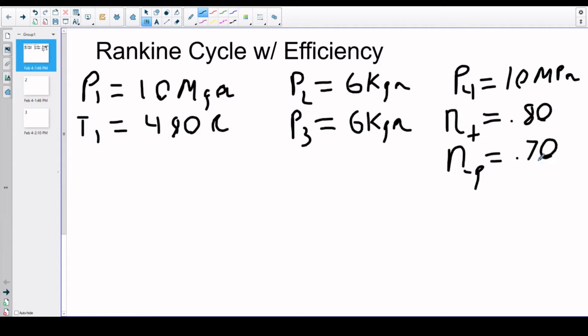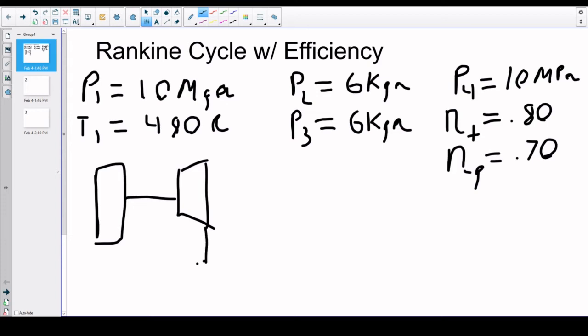If at any point you want to skip ahead to the actual problem, you can. This first slide is just basically saying what our knowns are and drawing the system. So we have a boiler connected to a turbine that moves down into the condenser, which moves into a pump.